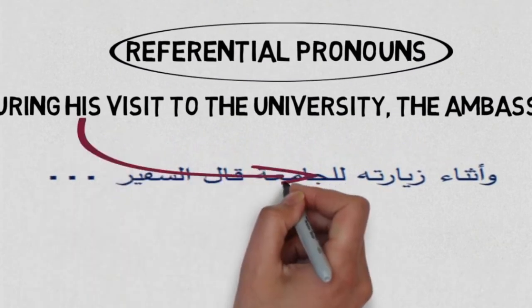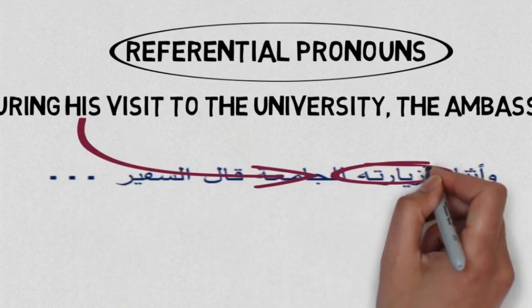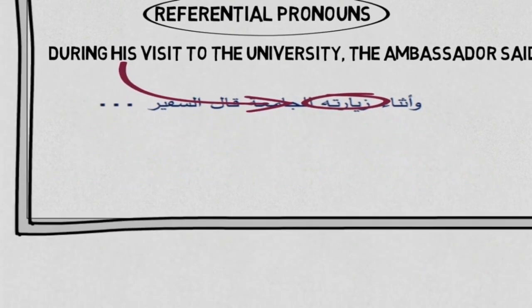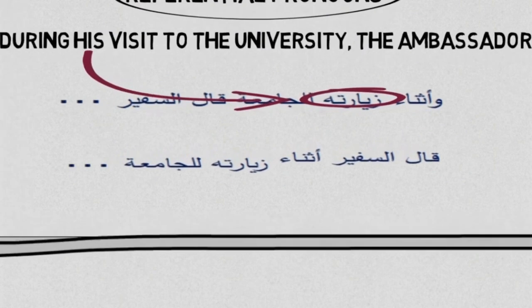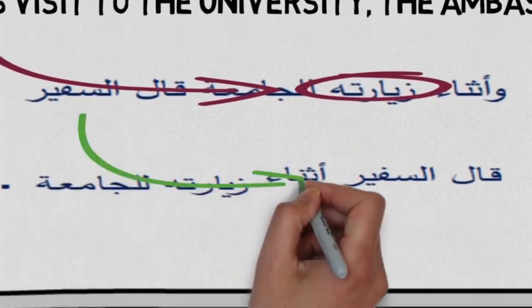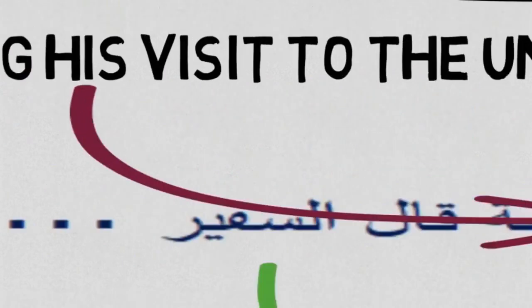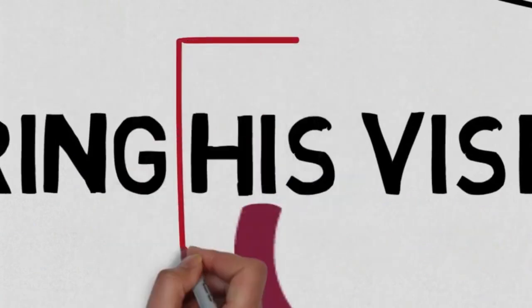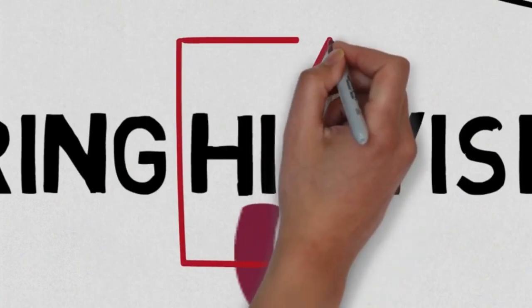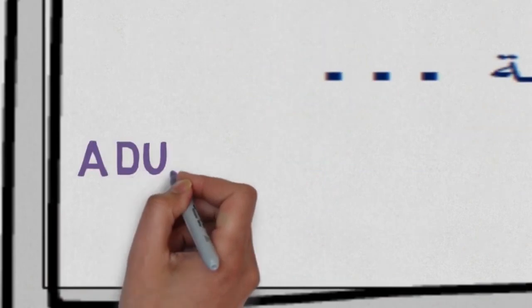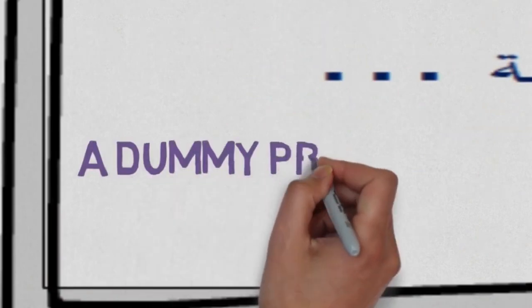This can be rephrased to conform to the classical Arabic style. قال السفير أثناء زيارته للجامعة, by fronting the verb and the subject to the beginning of the sentence. And then we can put the pronoun that refers to the subject later.